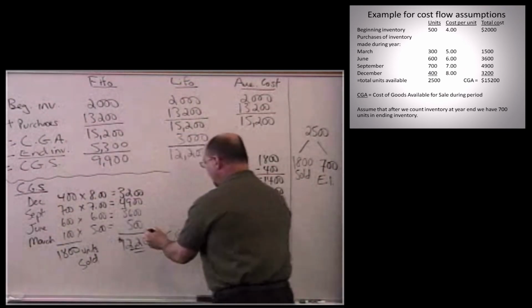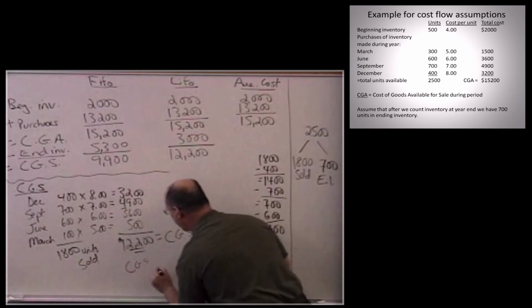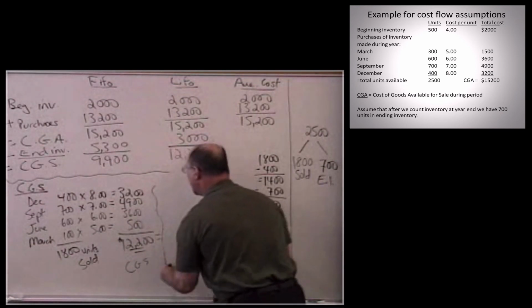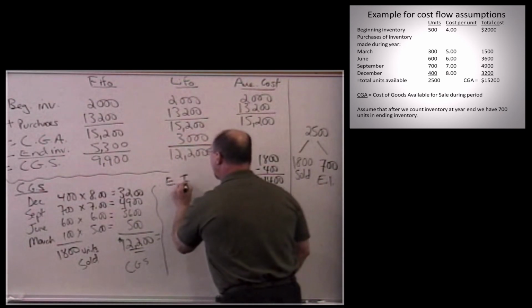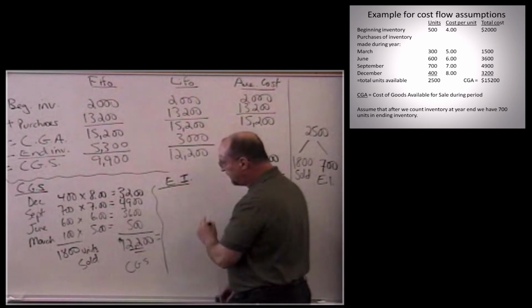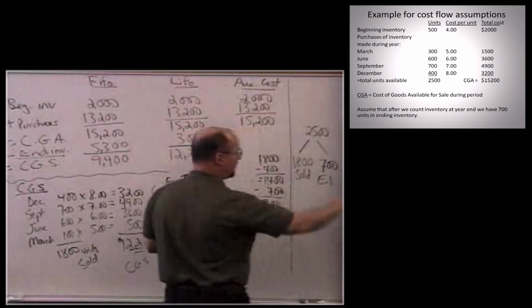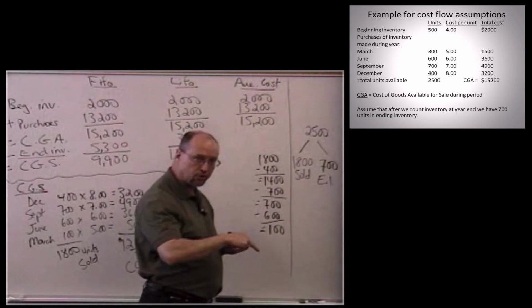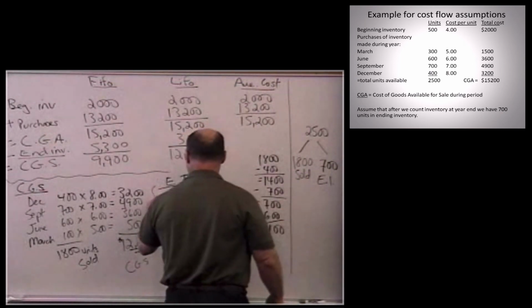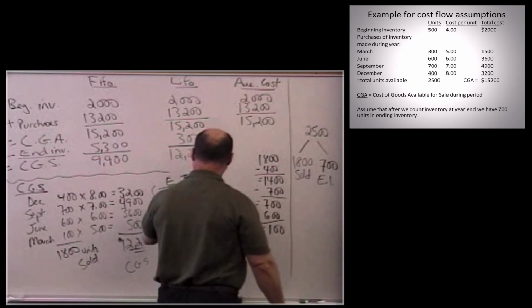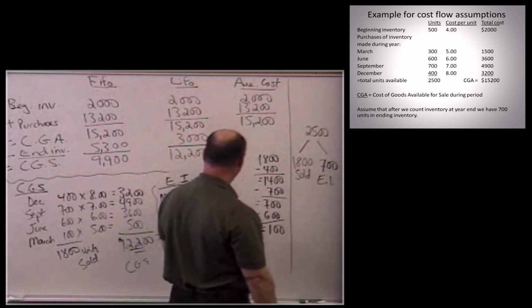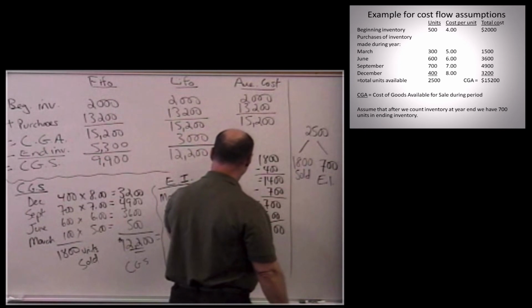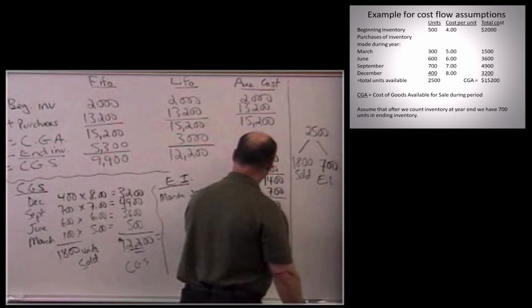Okay, so here's my cost of goods sold. I'm going to put it down here. Cost of goods sold. Ending inventory, EI, I'm going to abbreviate. Ending inventory. From March, I have 200 units left that have not yet been sold. 100 were sold, 200 not sold. So March, 200 items. I paid $5 each. That's $1,000.